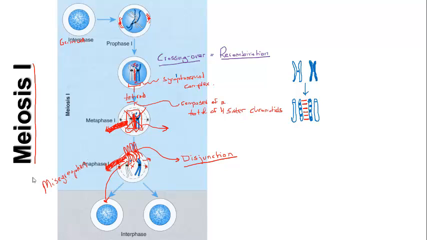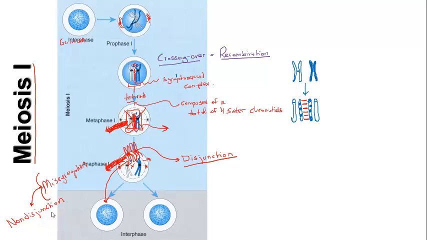Missegregation is one specific error within a larger process termed non-disjunction.